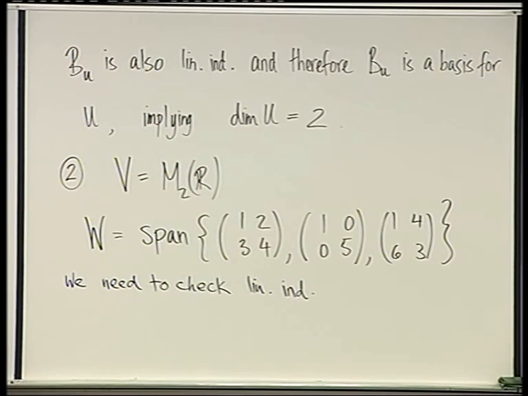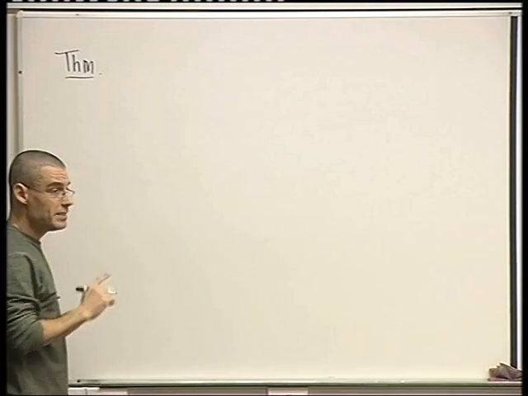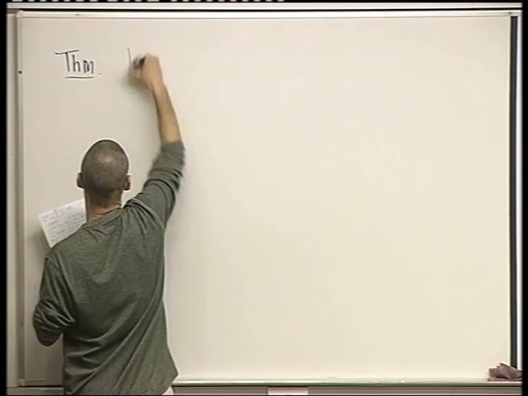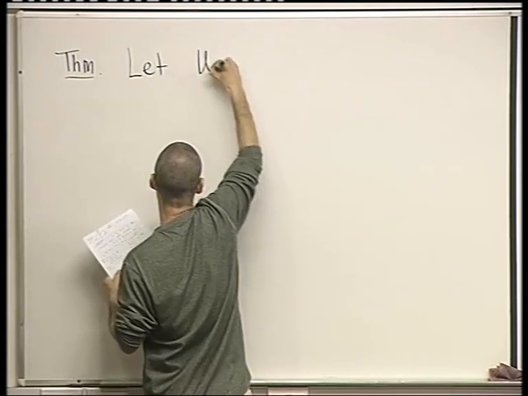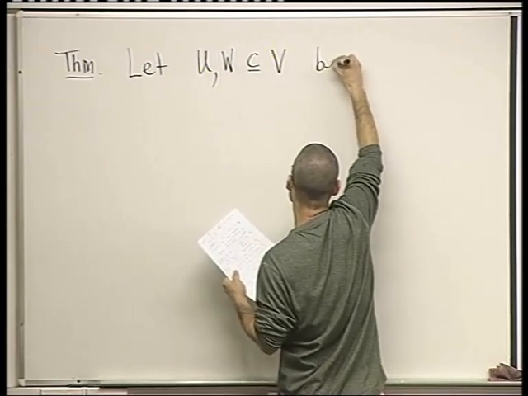Remember, we had the notion of a sum of subspaces? And it's the following theorem. Before I write it, I want to tell you the idea. So let's start, and then I'll draw a little sketch here. Let U and W in V be subspaces.